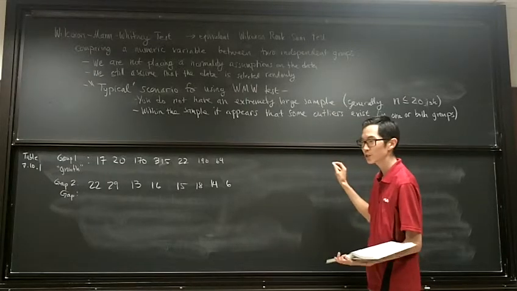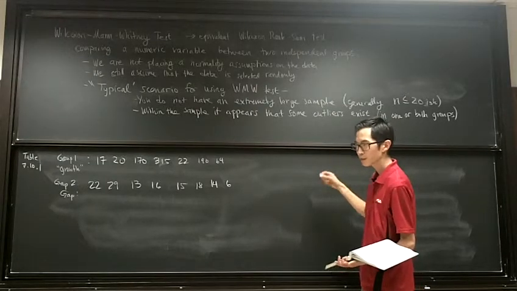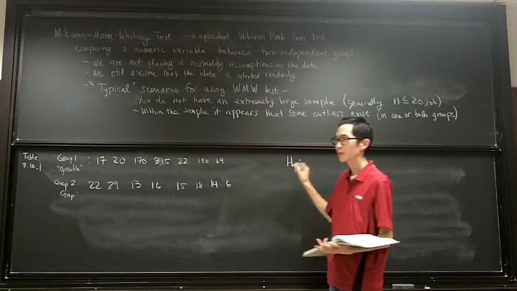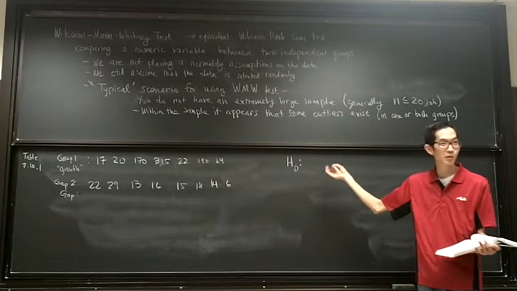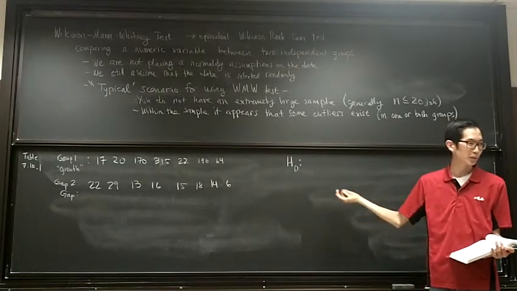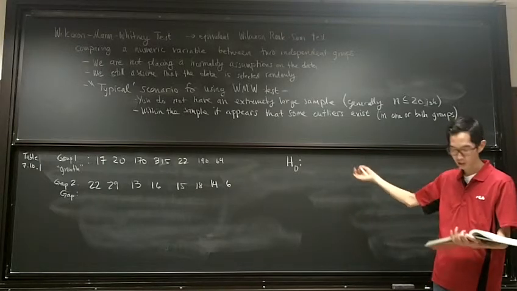The hypotheses we have to write out, we can't do it with symbols, because these are non-parametric. There's no parameter. There's no mu. There's nothing we can really write to summarize this.